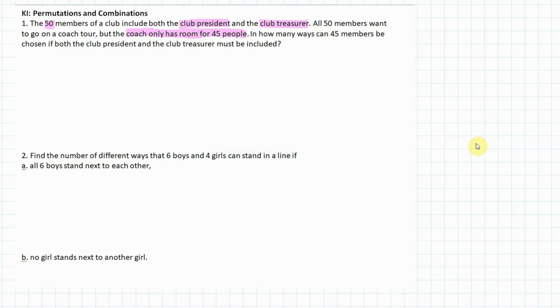included? Okay, if you've got the president and the treasurer, that means you have 48 other people, not spaces. There's room for 45, and only 43 spaces left.